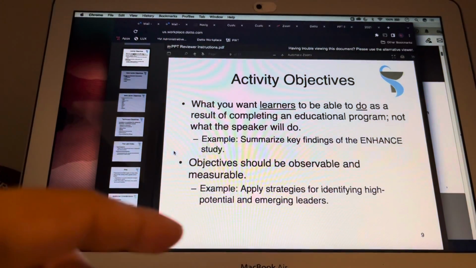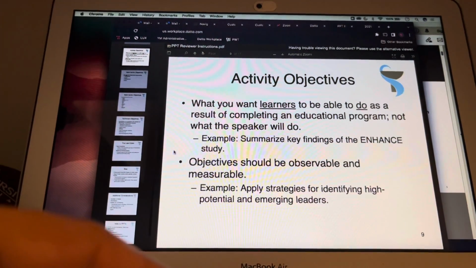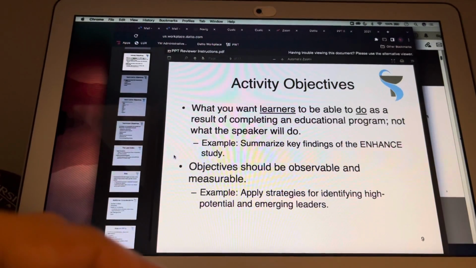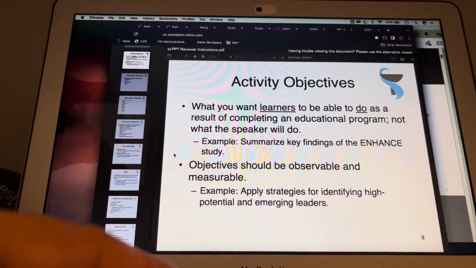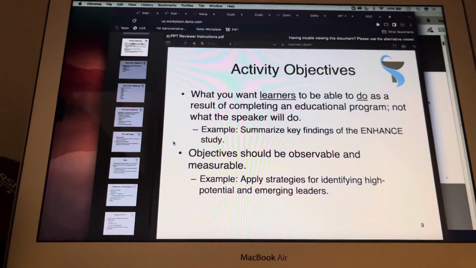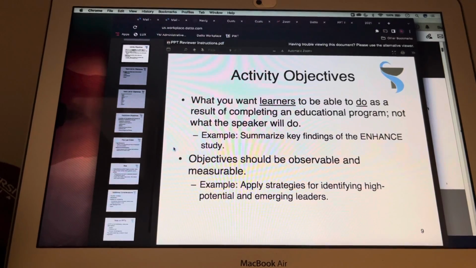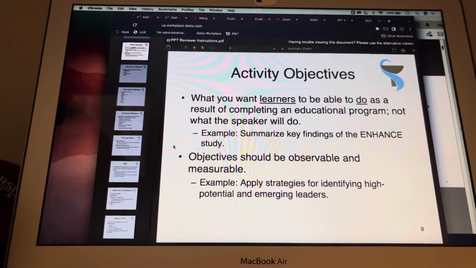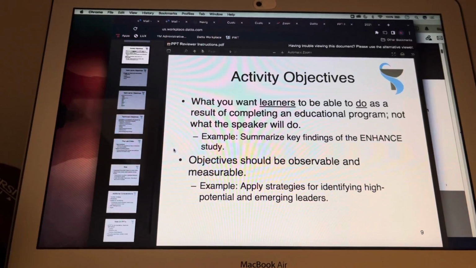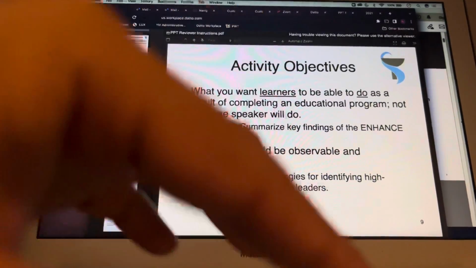ENHANCED usually stands for the name of a trial that is then cut into a word that makes an easier way of saying it over and over again when speaking to other colleagues about this study. The objectives should be observable and measurable. For example, apply strategies for identifying high potential and emerging leaders.